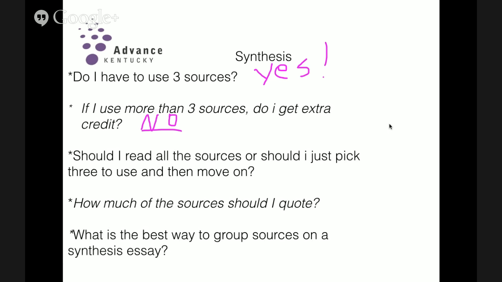If the synthesis question is the most difficult essay for you to write, and you save it for last, and you only have 15 minutes left to write this entire essay, then you might want to just find the 3 that you can use and then start writing. But if it's the essay that you feel comfortable with, either the first or second one, and you have a little bit of time, you really should read all of the sources. You get that extra time at the beginning, so there's really no reason not to read them.